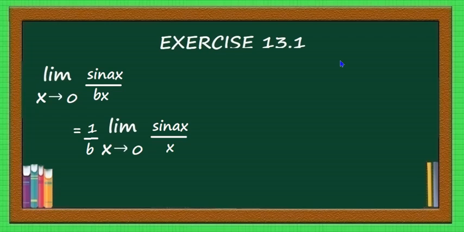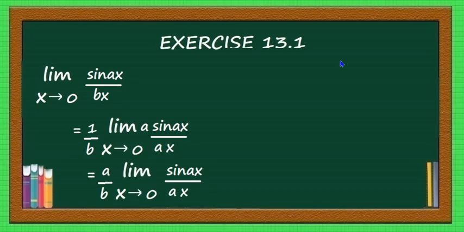Now I'll just multiply and divide by a. What happens? You get 1 by b into the limit as x tends to 0, where a is multiplied and divided. Now a is a constant in the numerator, so you can take it outside the limit in the next step, and that's equal to a by b into the limit as x tends to 0 of sin ax by ax.